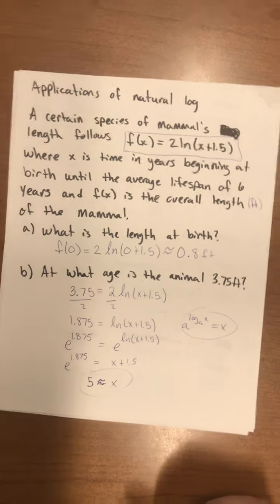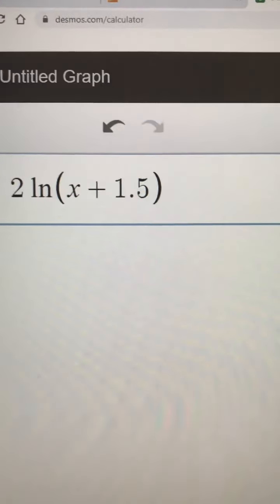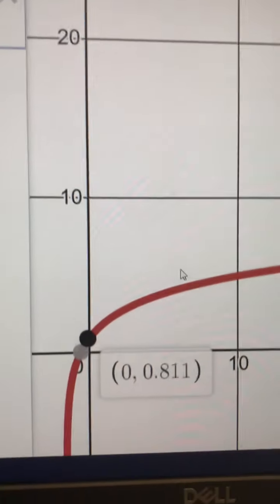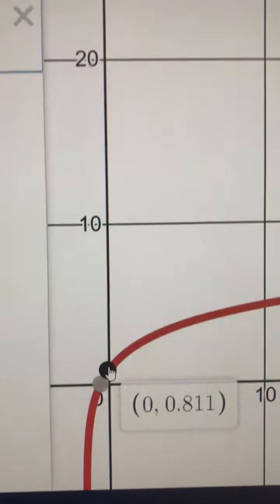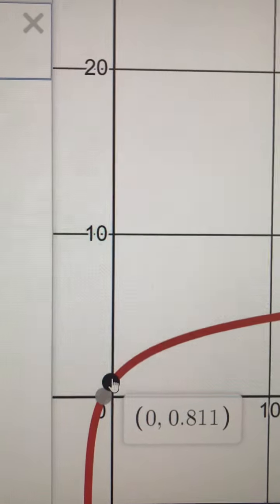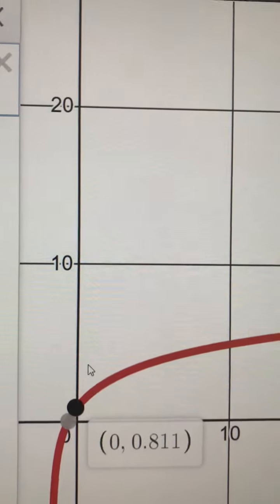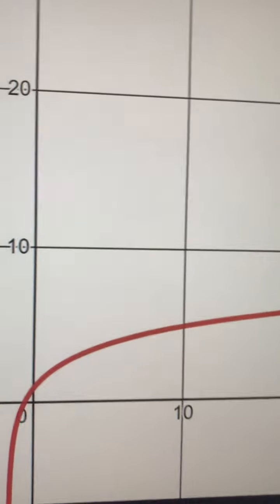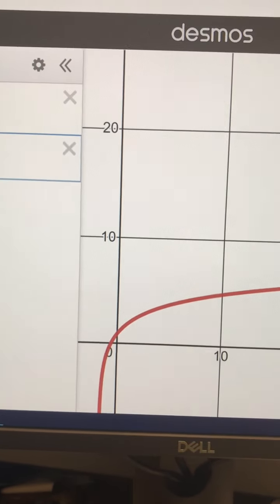And I went ahead and put this up on the graph. So I have 2 natural log of x plus 1.5. And so at birth here, so when time is 0, we got the length is 0.8 approximately. Then we said, okay, well, what if we want the output to be 3.75? So let me just put 3.75 up on the graph here.